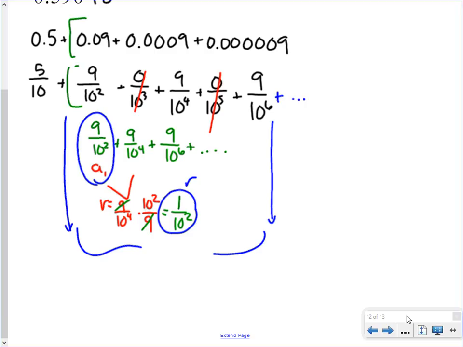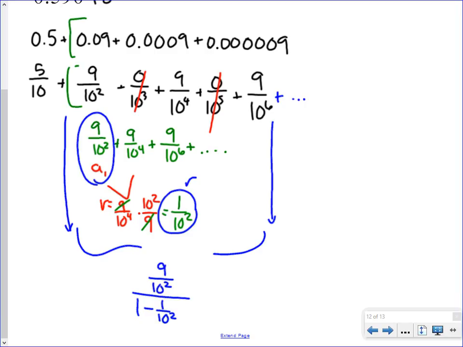So the sum is the first term, 9 over 10 squared, divided by 1 minus 1 over 10 squared. Okay, so a sub 1 divided by 1 minus r.